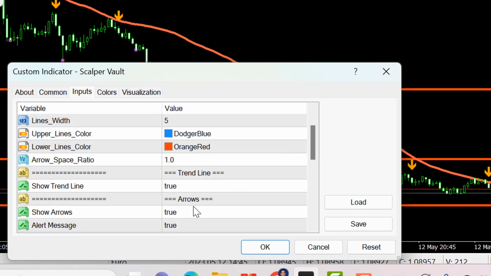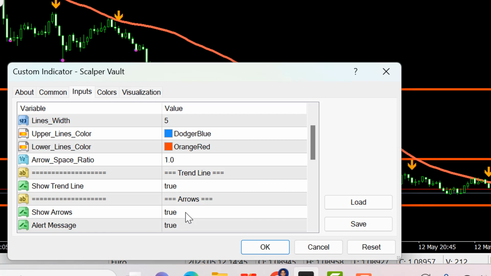Next is the arrow signal. These are very crucial, and I like the arrows in this indicator because they are very accurate. If you use this according to the instruction of the programmer, Mr. Rudin, you will surely win the trade.